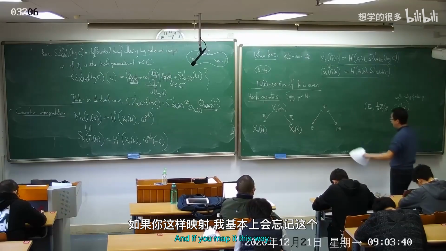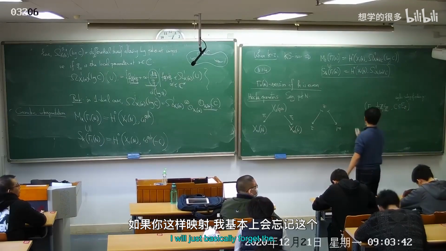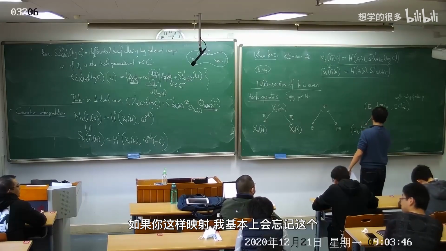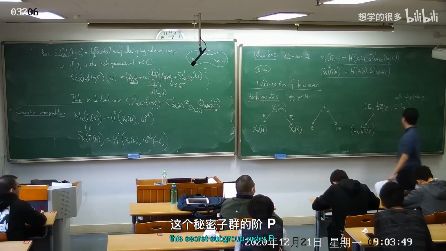And if you map it this way, we'll just basically forget this cyclic subgroup of order p.